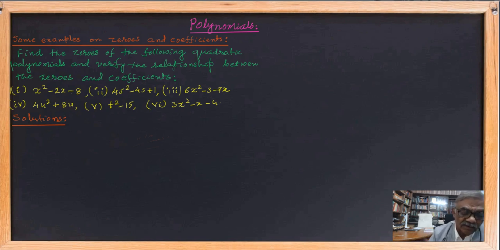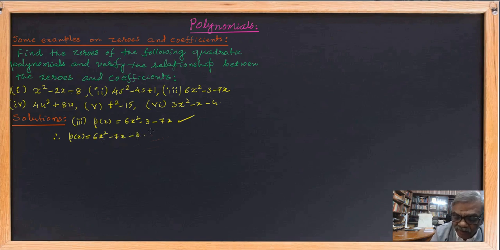Now we can see one example I would like to consider. Third example: p(x) is equal to 6x square minus 3 minus 7x. It is not in standard form, therefore I am going to write this in standard form, that is 6x square minus 7x minus 3.